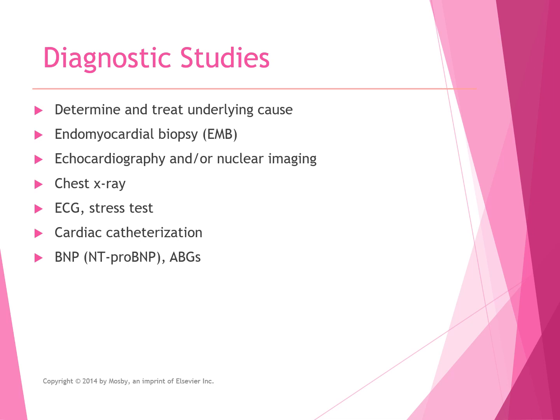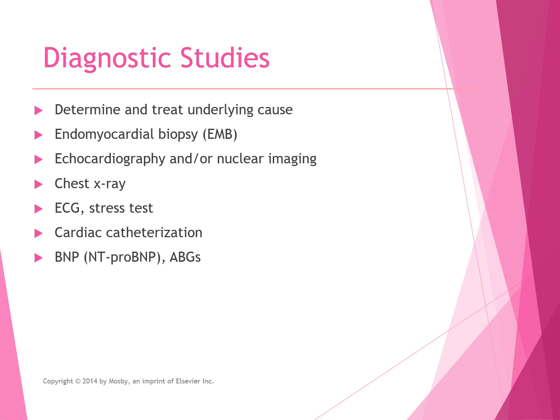So since heart failure can be caused by many different things, it can either be a progressive disease, or it can be something that happens fairly suddenly, especially after an MI, or if somebody has issues with their valves. So really determining and treating the underlying cause can help manage our heart failure and the symptoms that are associated with it. An endomyocardial biopsy would be done in somebody who has heart failure and we're unable to determine the cause.